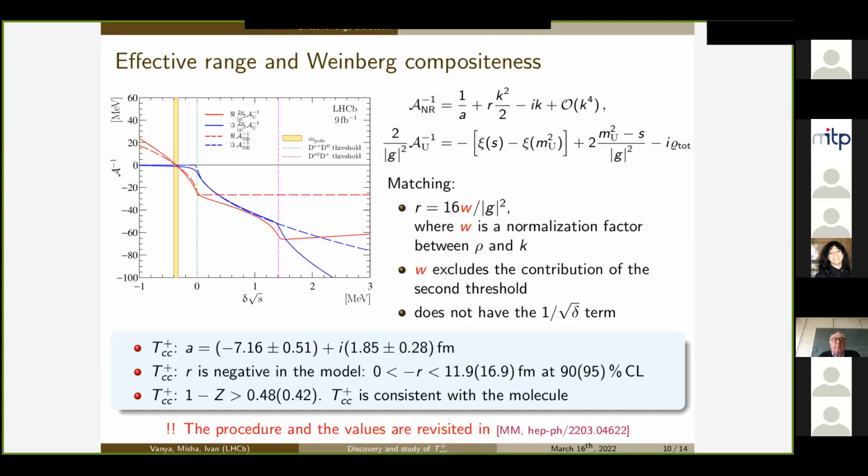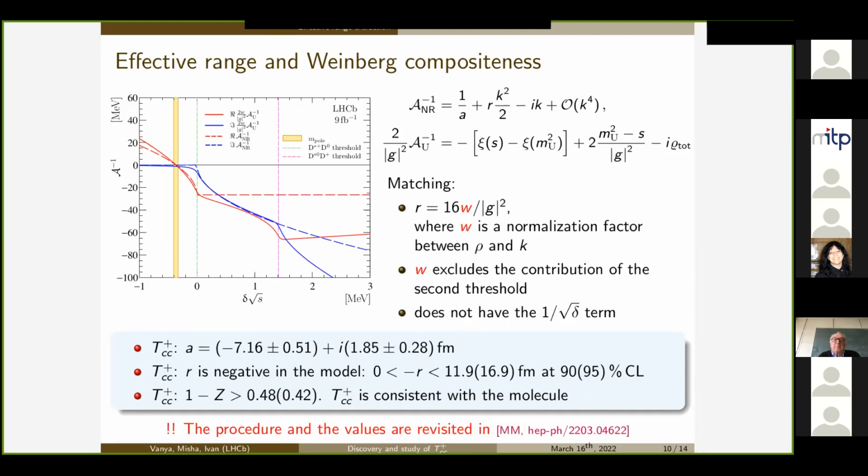Another comment, because I thought you said there that you wanted to have a D star plus D0 molecule because the state is closer to this threshold. It is true that if you calculate the probability to find that state, you will find it bigger than for the D star 0 D plus. But what matters in reactions is not the probability, but essentially the wave function at the origin.